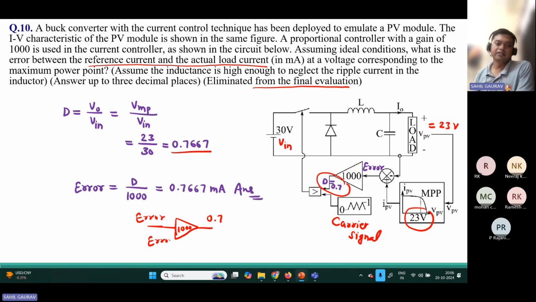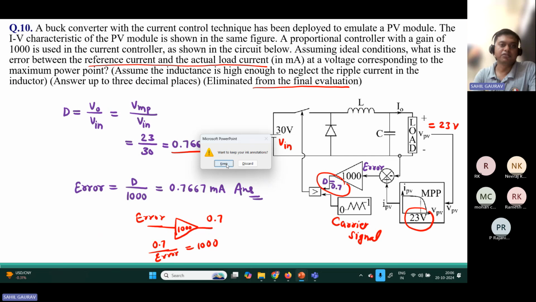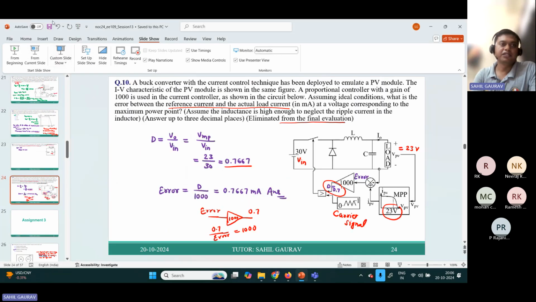So error upon 0.7 equal to, I think I made a mistake. It is opposite. 0.7 upon error equal to 1000. So error will be 0.766 milliampere. So this is till big 2. Now coming to the big 3.